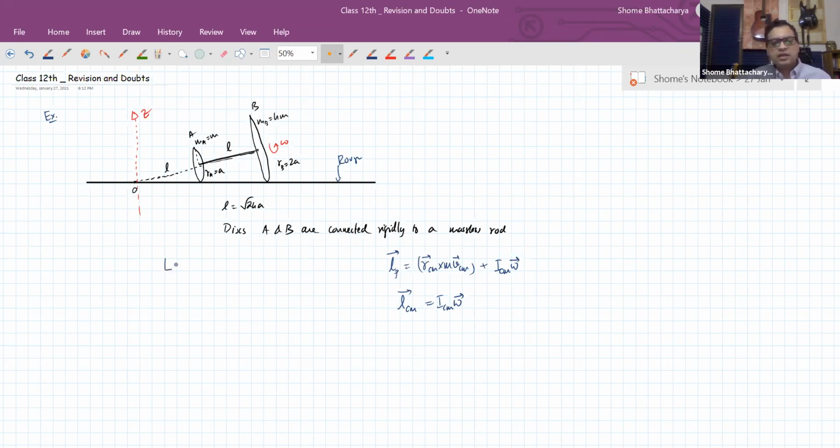And they've asked to calculate the z component of that L. That's one of the options, and for that we'll be using this.